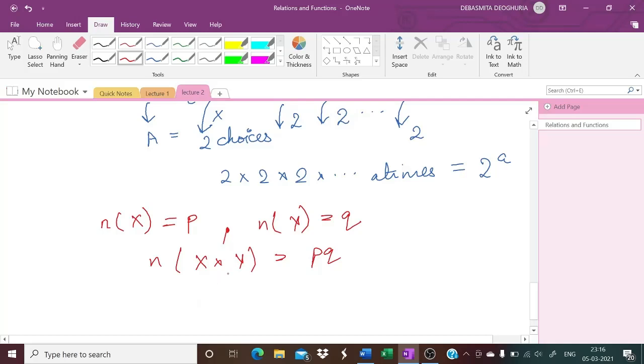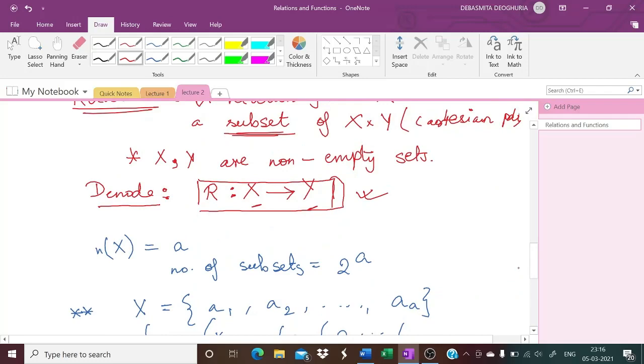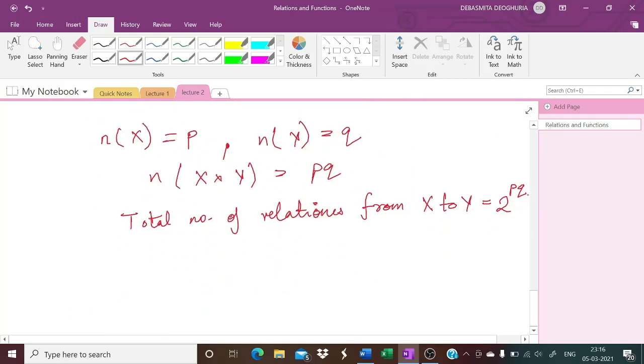So how many relations can you define from X to Y? The total number of relations from X to Y is 2 to the power P into Q. So you can have a total of 2 to the power P into Q relations. This is very important, please make a note of it.